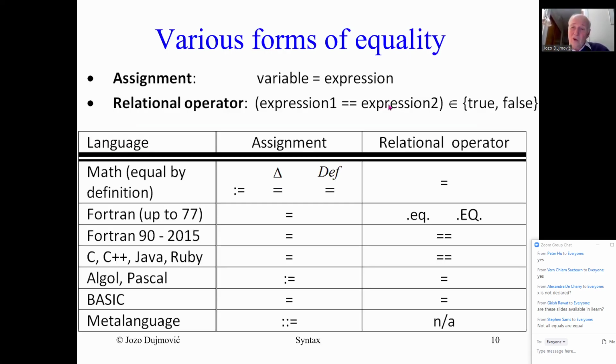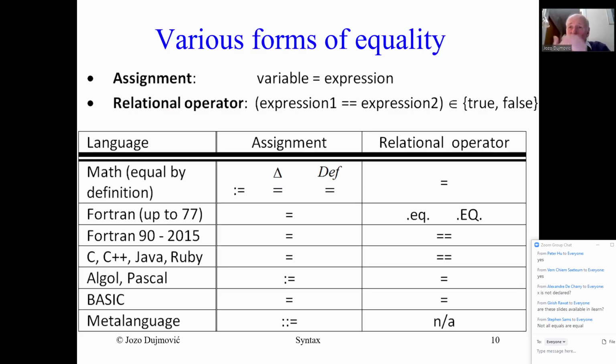So this can be either true or false. If it is true, then you return the logic value true, that these expressions are the same. What the compiler is doing, evaluating this, and then subtracting these 2 values. And if subtraction gives you 0, then it returns true, otherwise it returns false. So assignment and relational operator.